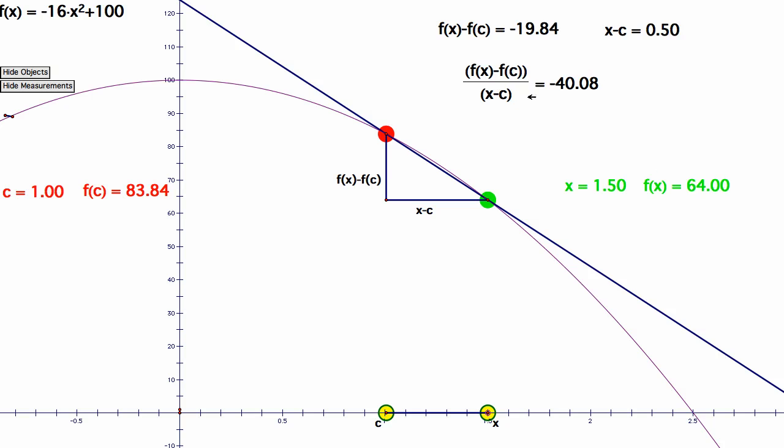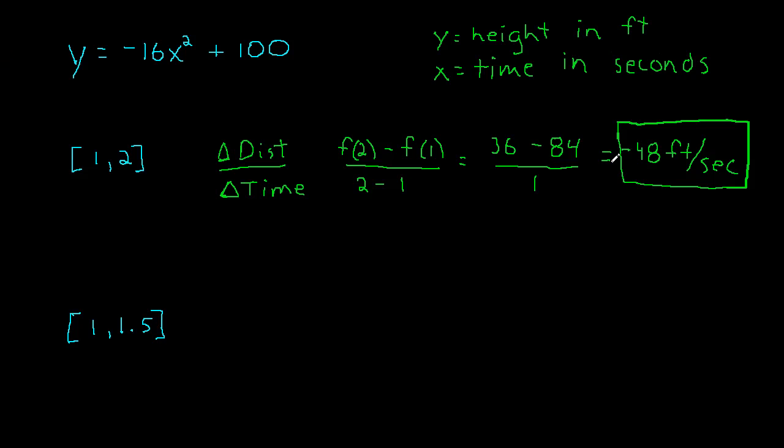Looks like I still might have some rounding error occurring up here, but that's probably due to this figure right here. So we're going to do the same thing, the change in distance divided by the change in time. And it's always final minus initial, just keep that in mind. That's going to be important to make sure that you have the appropriate sign, whether it's a positive velocity or a negative velocity.